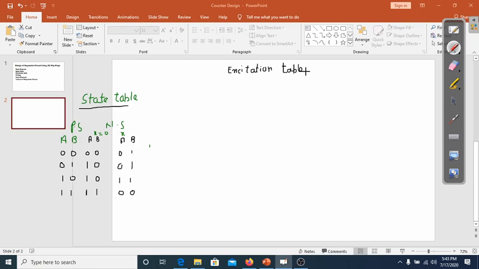Now in the excitation table we have a given present state, we have input, then we have next state, and from present state to next state we will extract the flip-flop inputs.